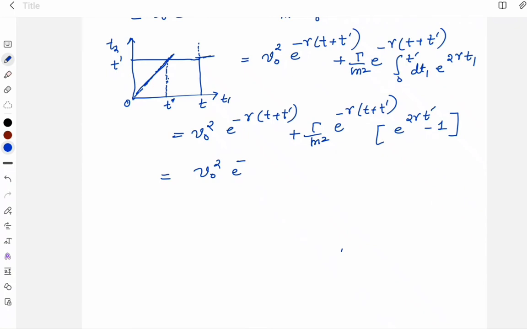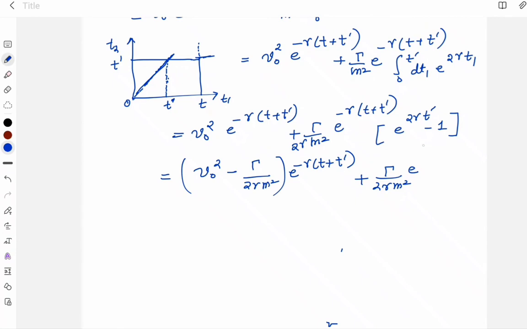So we can take this term common, v0 square minus gamma over 2 small gamma m square e to the power minus gamma t plus t prime, and there will be one more term left, plus gamma over 2 small gamma m square e to the power minus gamma t, and this will be gone, so minus t prime.